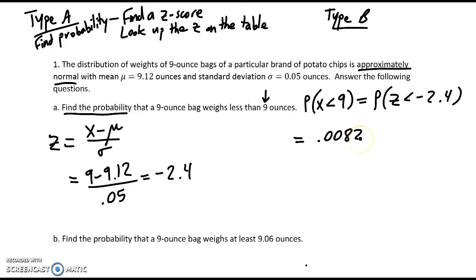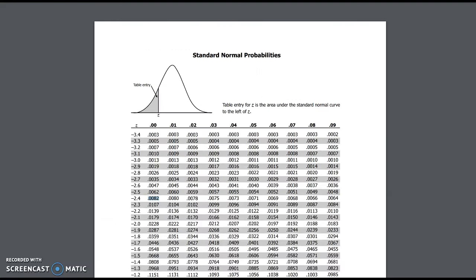Now, there's just one little catch, okay? We might have to adjust the probability, or the percent, however you want to look at it. When I say adjust, it all depends on the type of question. If it's less than, you just look it straight up on the table. And the reason for that is because the table gives you, you notice how this area is shaded over here, it gives you the area to the left of the z-score.